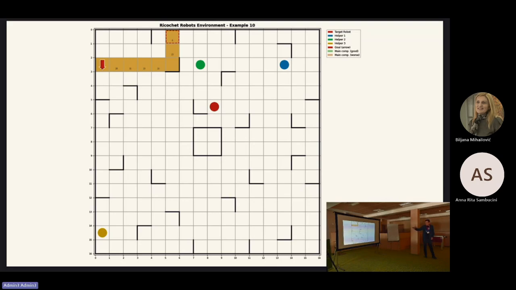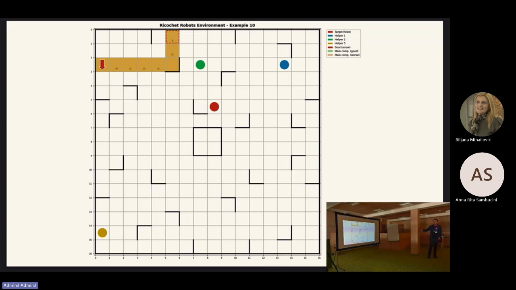Here, it's about getting the red robot to the red target. These orange squares are the final components. You can see that from any of these, you can get to the target without any help from other robots.